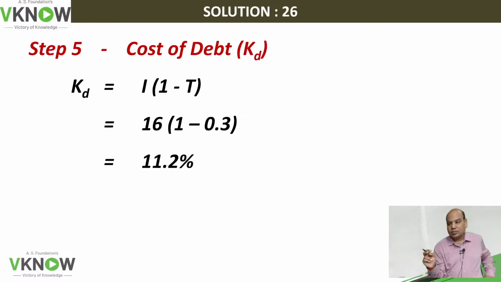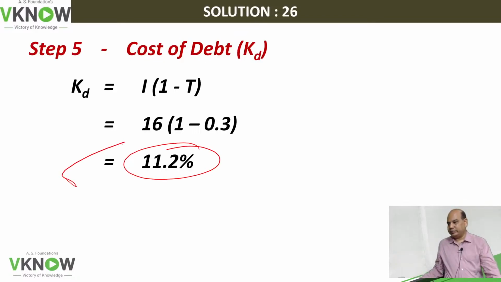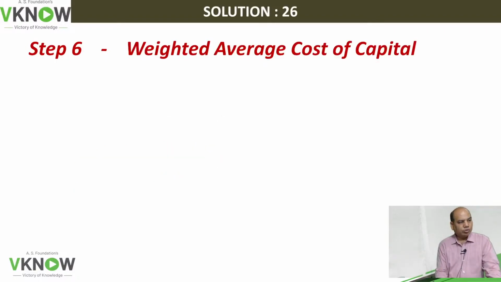Tax rate of this company is 30%. So what is the answer? Please check. Is it right? 11.2%. Is it right? Now write down step number 6.